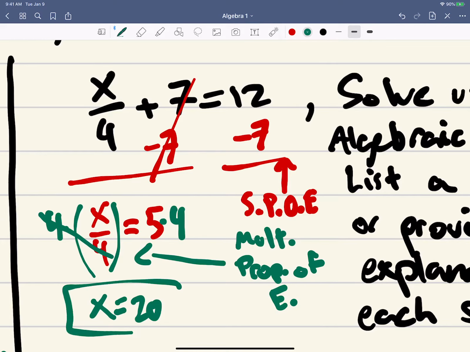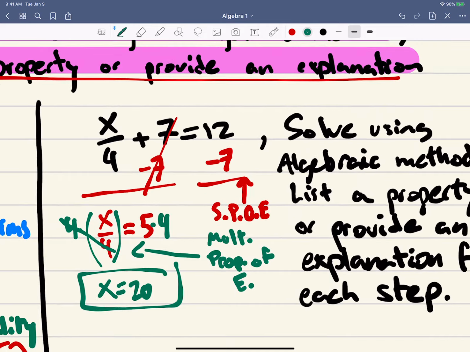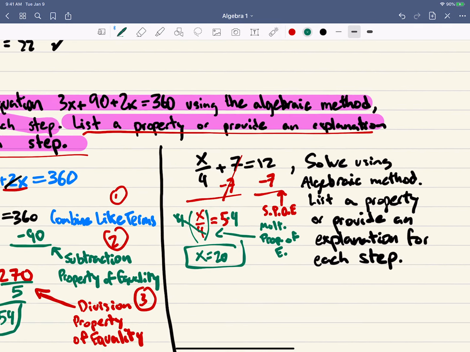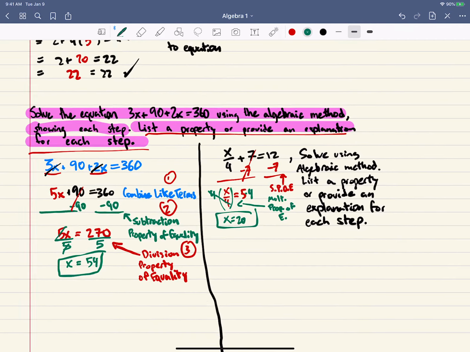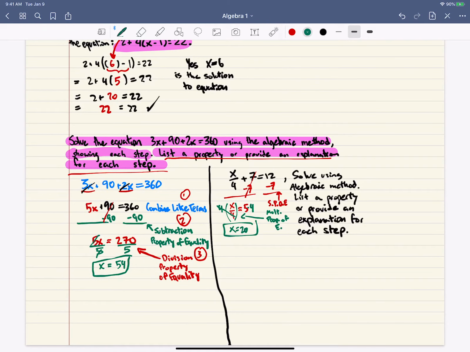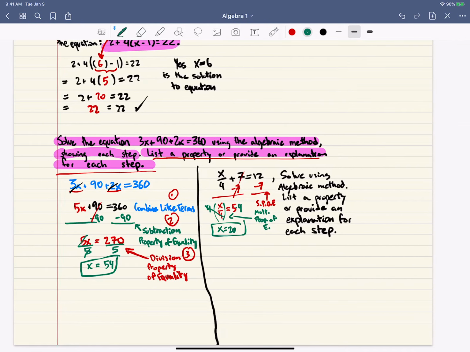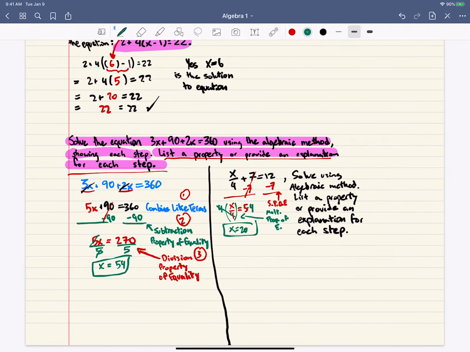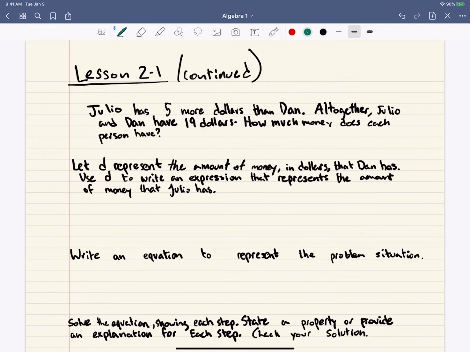And then that's it. That's what it means to justify a step. Just say you're using the property of equality, and then whatever operation you're doing, that's basically the operation name, property of equality. So we're going to go over to our next problem.